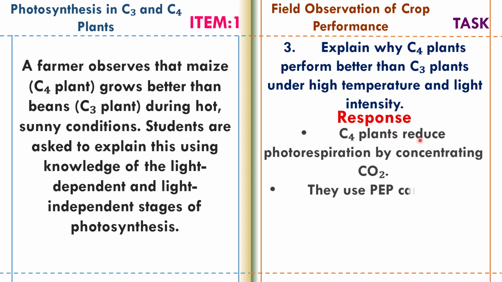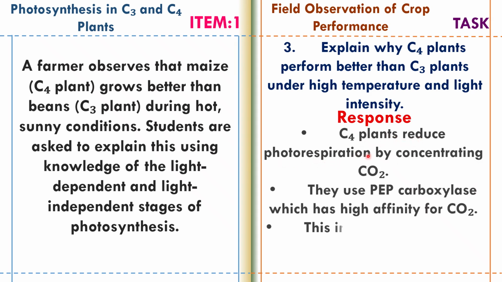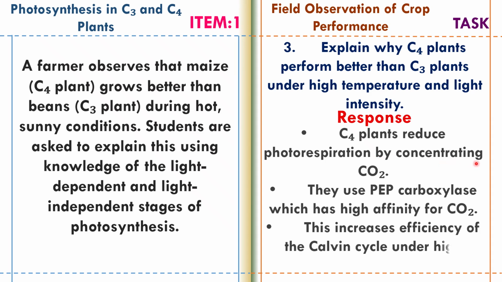C4 plants reduce photorespiration by concentrating carbon dioxide. They use PEP carboxylase, which has a higher affinity for carbon dioxide. This increases the efficiency of the Calvin cycle under high temperatures.